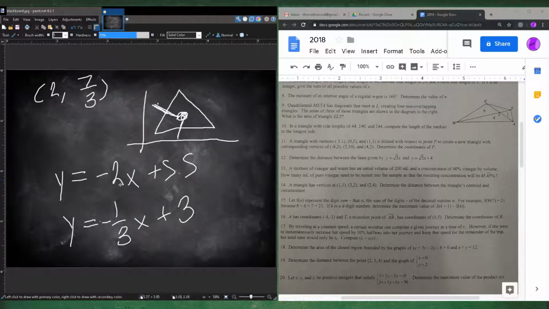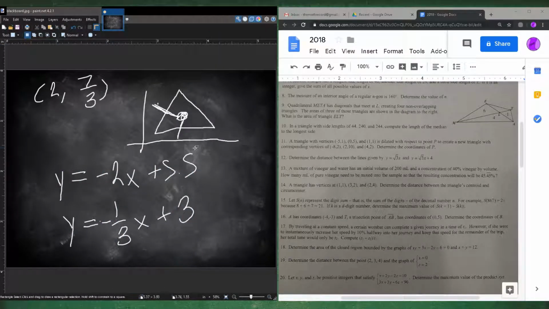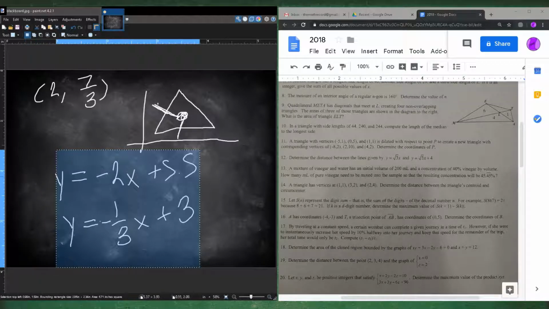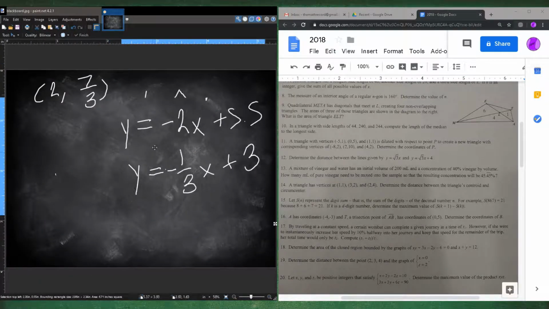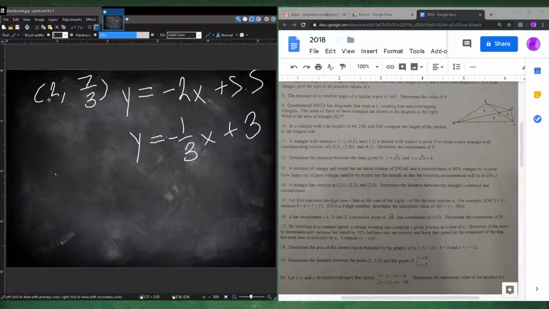So we don't need the picture anymore. Basically, we set them equal: -2x plus 5.5 equals -1/3 x plus 3.